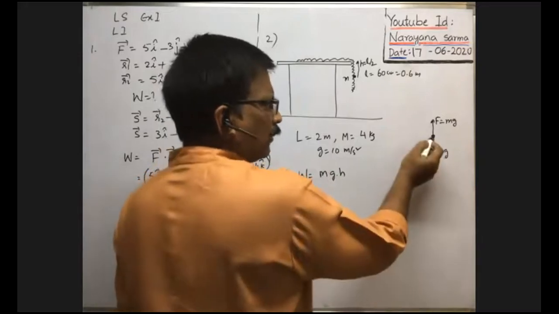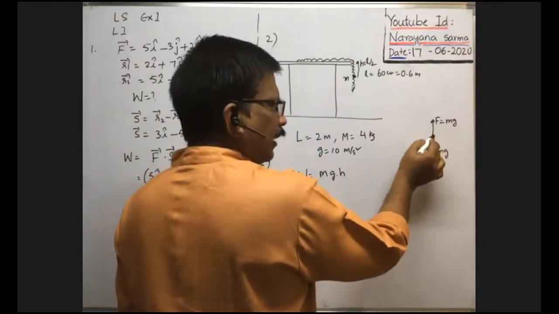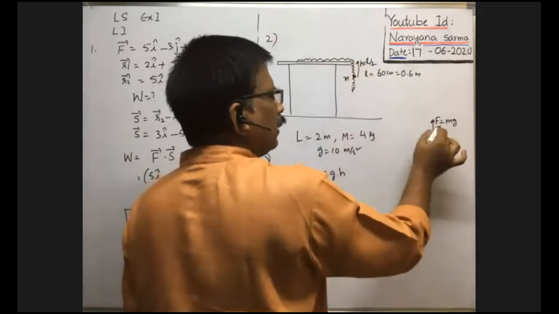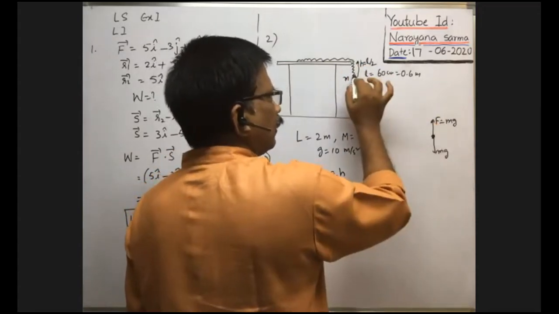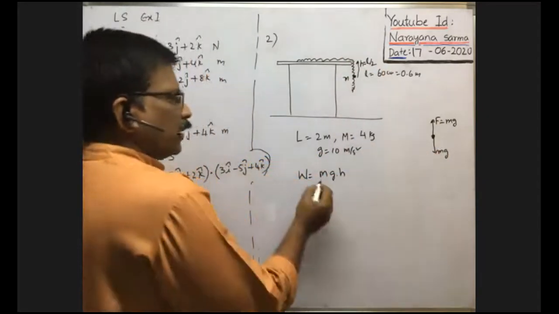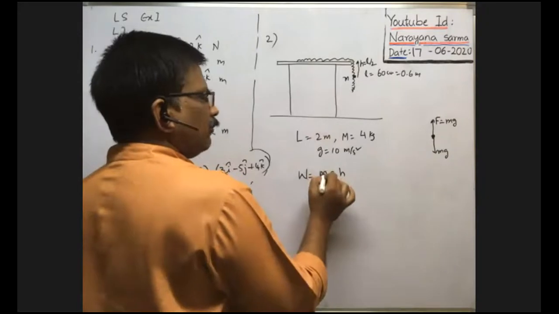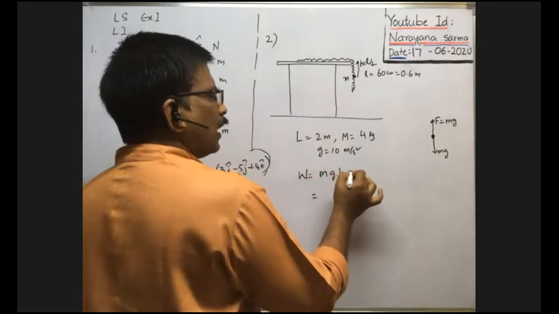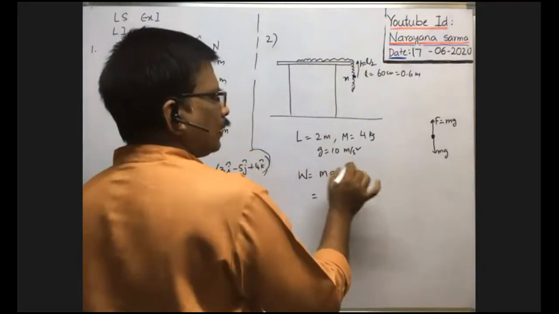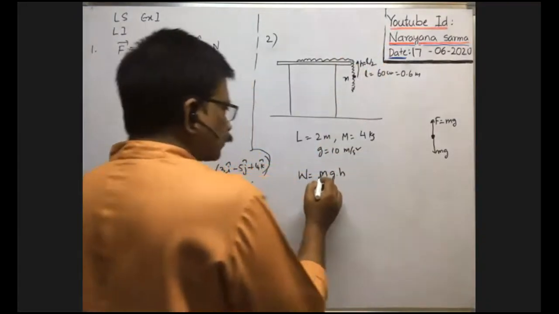So the minimum force to be applied on the chain to lift upwards is equal to the weight of the hanging part only. That's why the force applied upward is F into displacement h into cos 0, which is 1. That's why mgh.